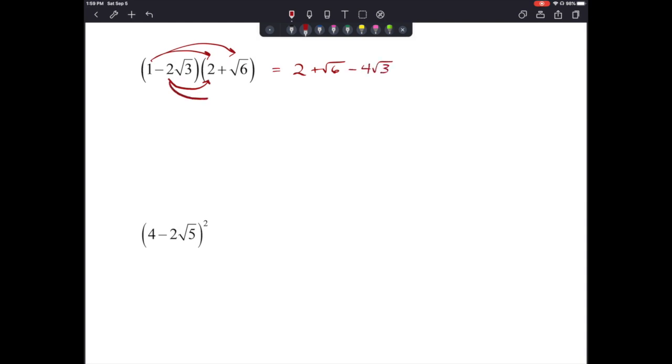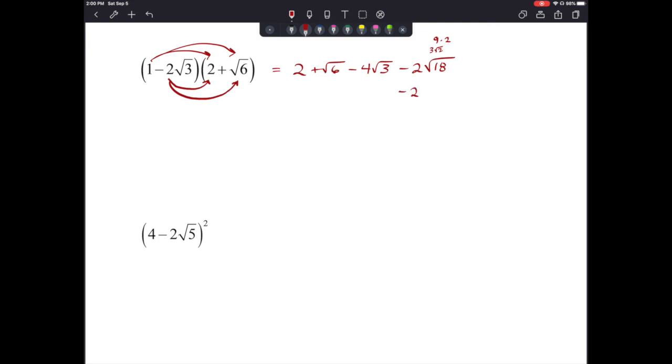And then negative 2 radical 3 times a radical 6 is going to be negative 2 radical 3 times 6 is 18. And that one simplifies a little bit more. Remember, 18 is 9 times 2, so that would become 3 radical 2.